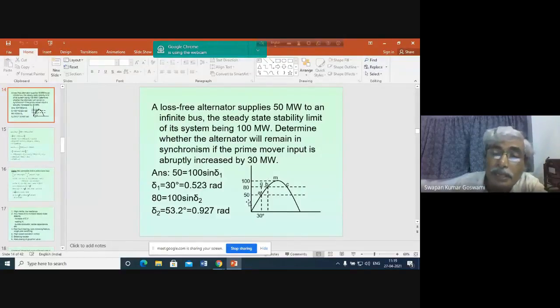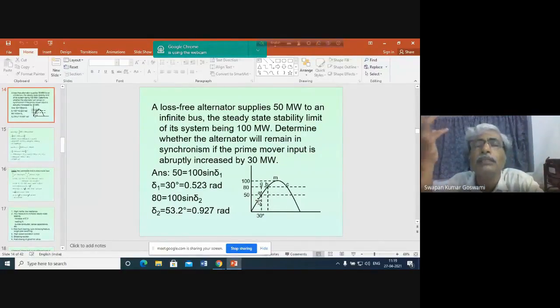Had it been somewhere lower here, it would have been possible to withstand a somewhat larger disturbance. So how much disturbance the generator will be able to withstand and still maintain synchronism depends upon the present operating condition.